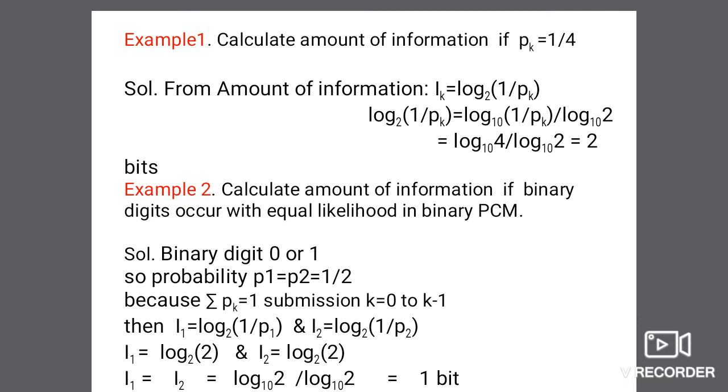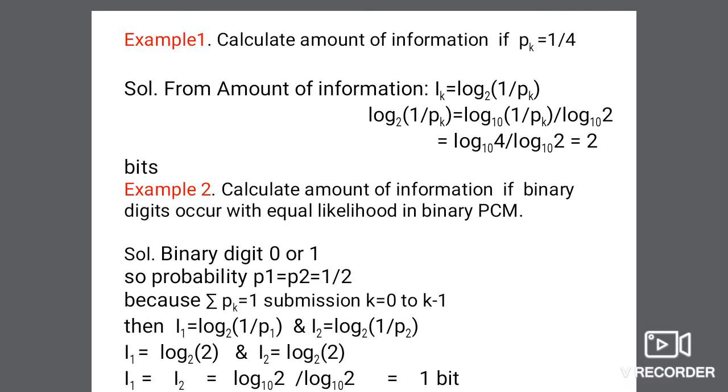So probability P1 is 1 by 2 for the 0 level, and probability P2 is again 1 by 2 for the 1 digit. Here Ik is again log base 2 of 1 upon pk, and the total probability of sending the message is pk equal to 1.